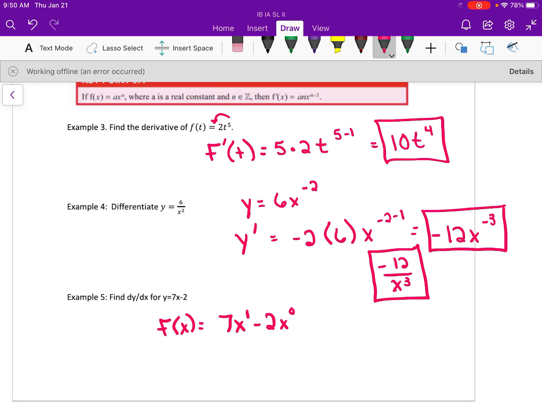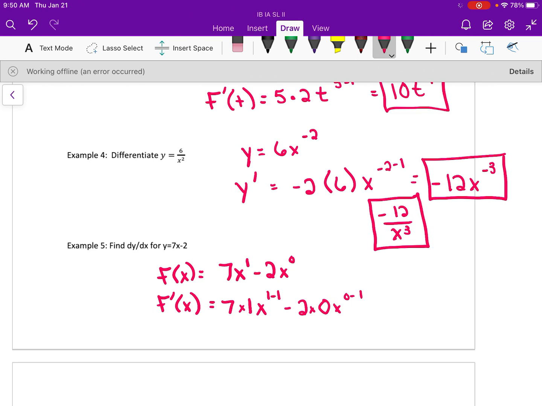So if we look to take our derivative here, f prime of x, we would have 7 times, basically there's an imaginary 1 there that we're going to bring down, x to the 1 minus 1 minus 2 times 0, x to the 0 minus 1. Okay, because we're bringing our exponents down.